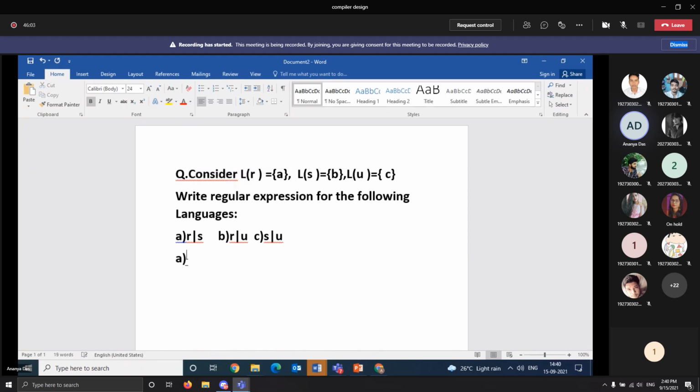First we solve A, okay? You are asked to write the language. So definitely you will replace R here with R oblique S.